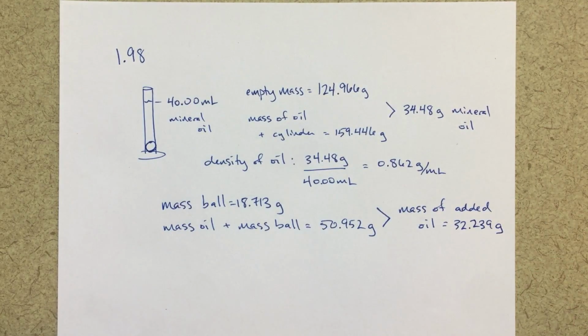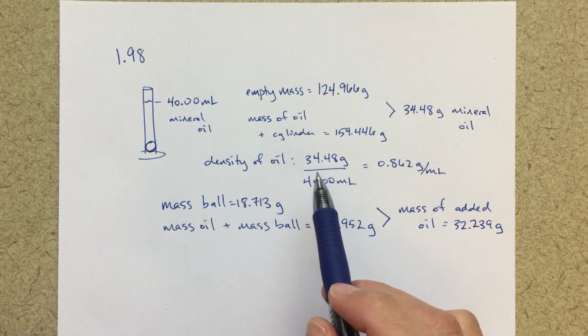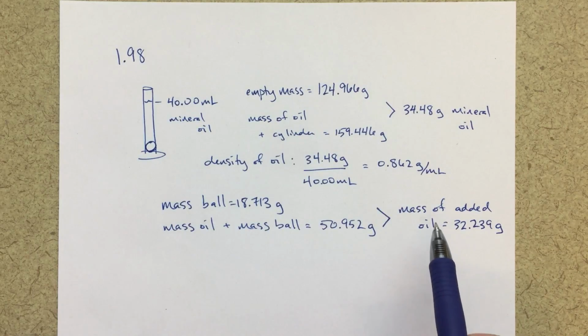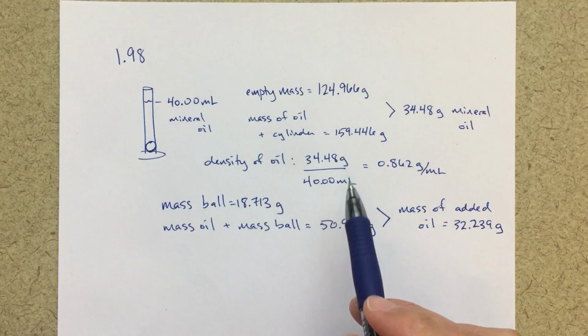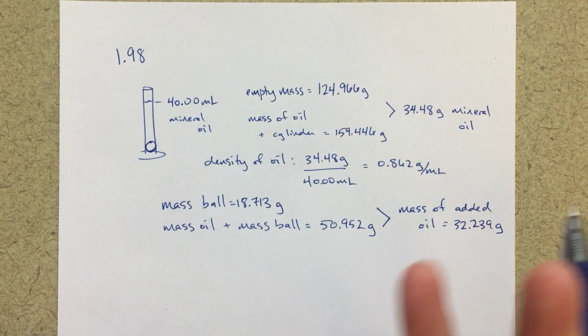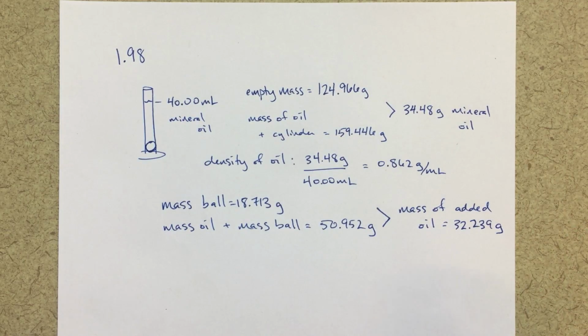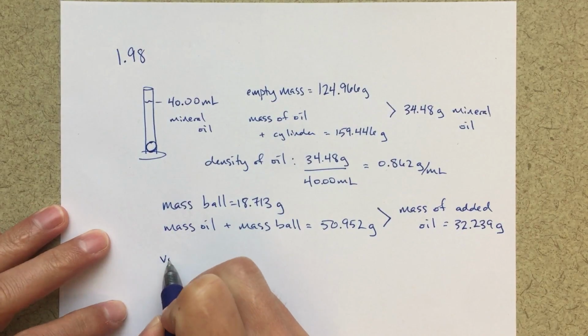Okay, so now here's where we need to start taking the information and ultimately moving towards solving this problem. If this is the mass of the added oil in experiment 2, we can use the density that we solved in part 1 to figure out what the volume of the added oil is. If we know the density of the oil, and we know the mass that we added in a different experiment, we can use that information to solve for the volume of oil.